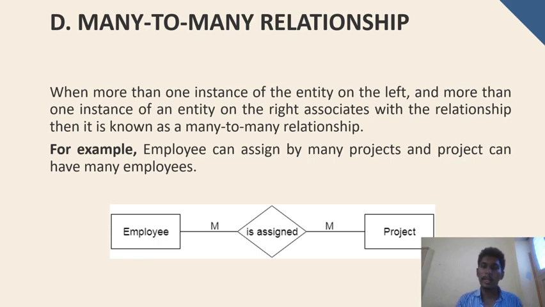For example, in a company, one employee can be assigned to many projects, and one project can have many employees. There is no restriction here. As we can see, many employees can be assigned to many projects, and the projects may have many employees. So this describes the many to many relationships.